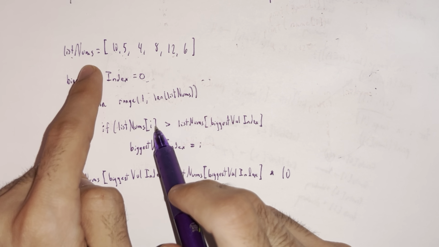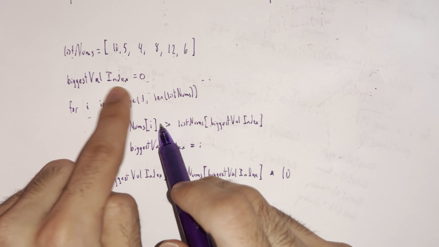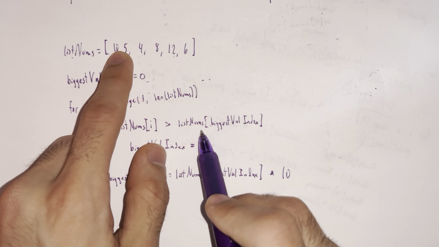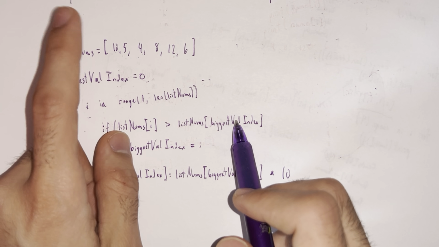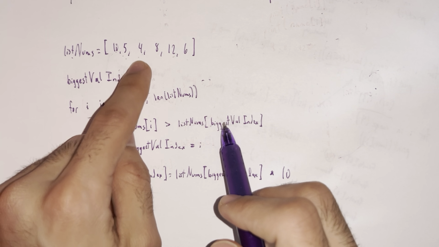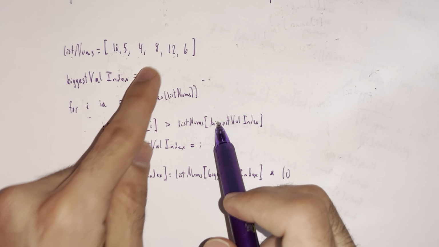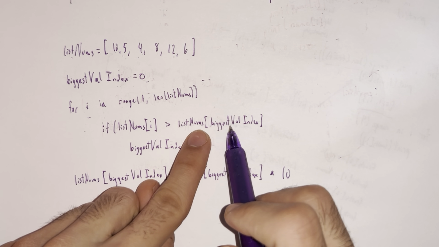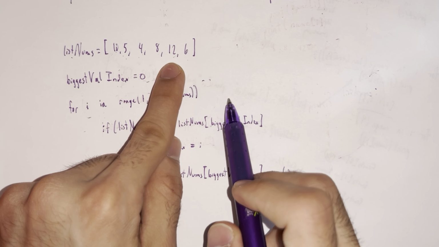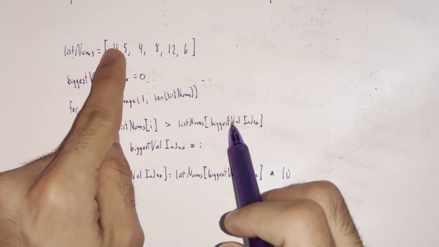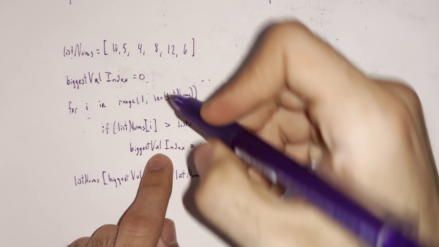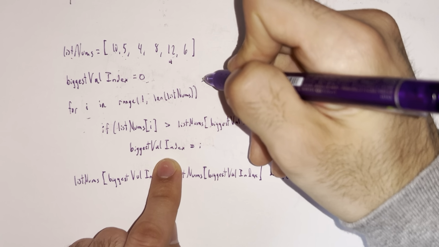It's because, as we said, the biggest val index is already at index 0. So that's doing list nums at 1 greater than list nums at 0, and then list nums at 2 greater than list nums at still 0, right? And then list nums at 3 greater than list nums at 0 still, and then list nums at 4, which is 12, is greater than list nums at 0, which is 10, right? 12 is greater than 10, so the biggest val index gets changed to 4.